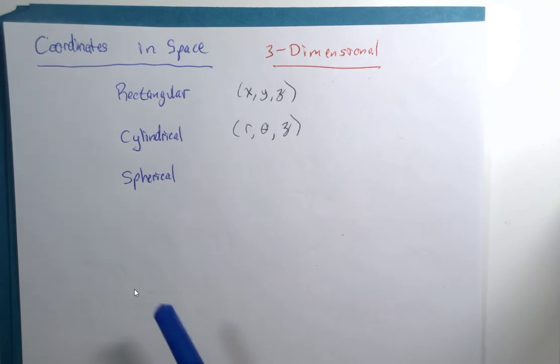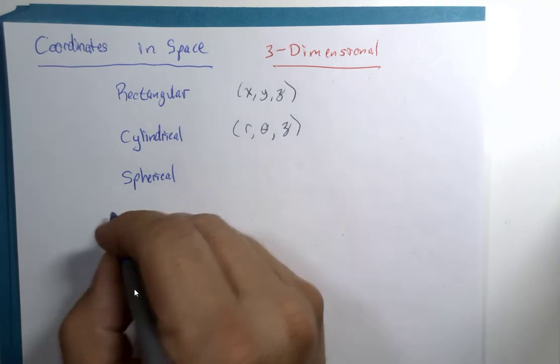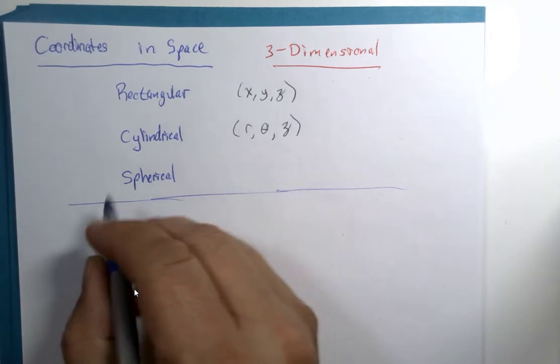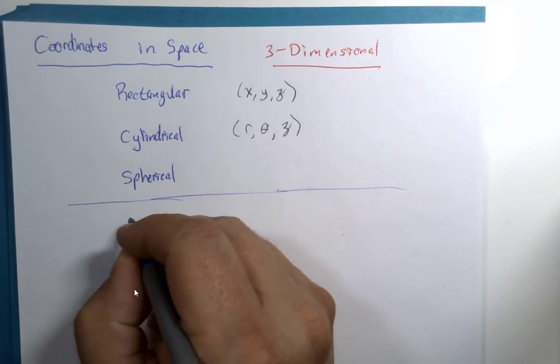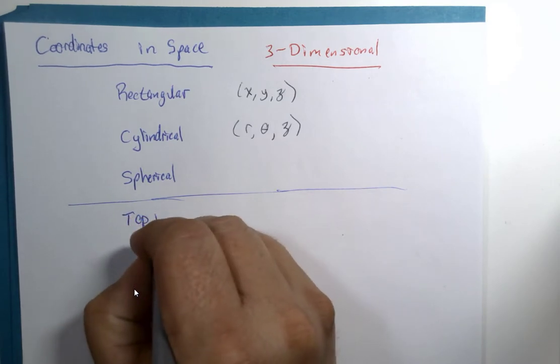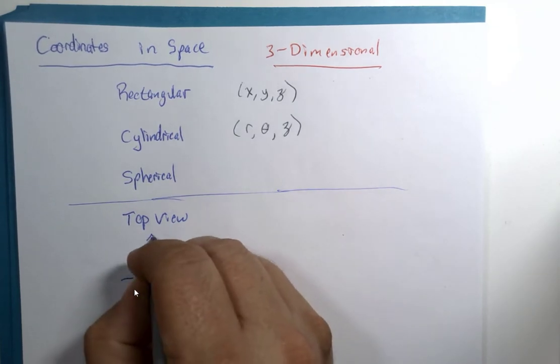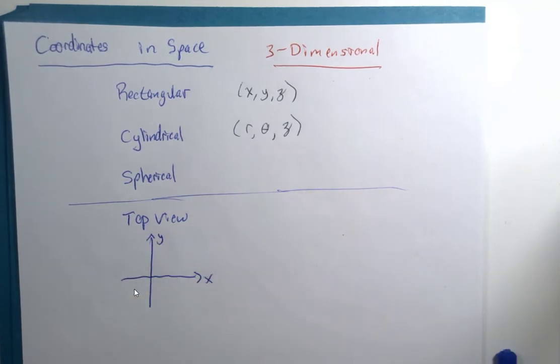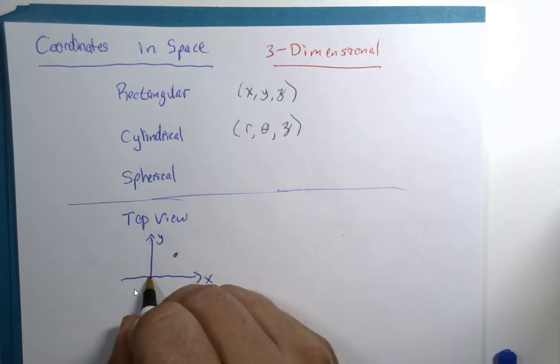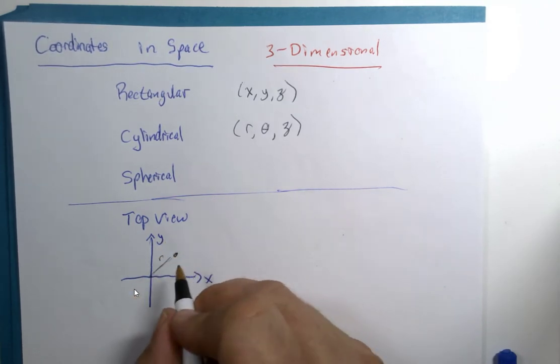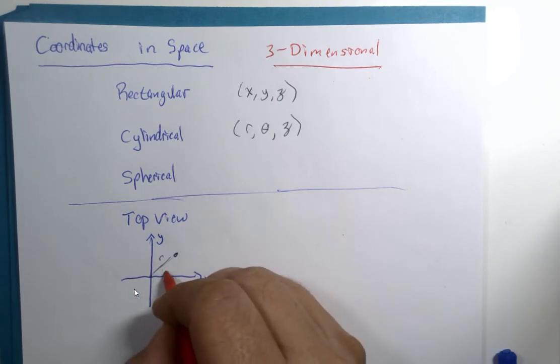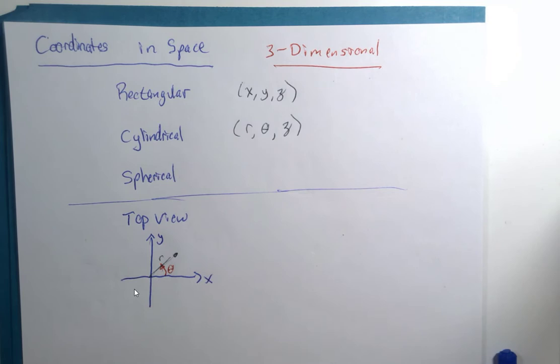And before I even talk about this third case, let me just remind you that it is extremely useful to have this top view where we still look at our traditional two-dimensional graph paper, because if there is a point here, this gives us the radius in 2 dimensions, and our value of theta is here, because we're going to need some of this information to upgrade our three-dimensional coordinates.